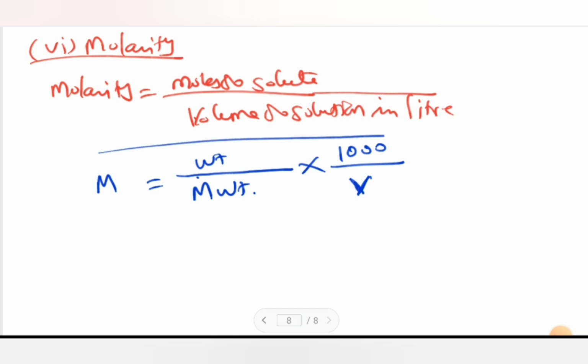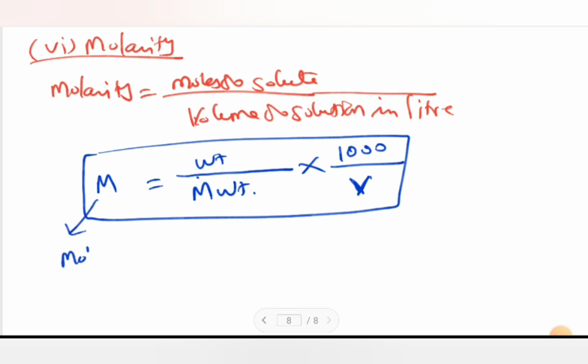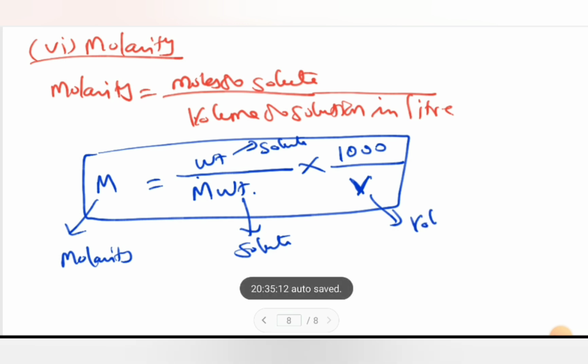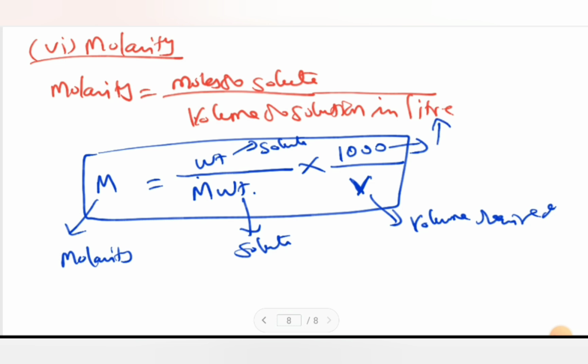Again I am telling you, this is molarity, this is the weight of the solute, this is the molecular weight of the solute, this is the volume required. This 1000 comes from the liter. So this is the shortest formula you can use for any calculations.